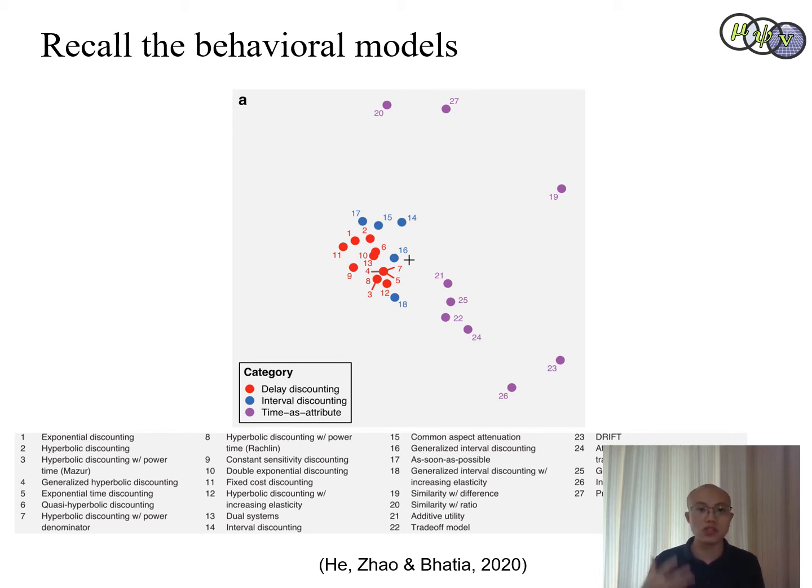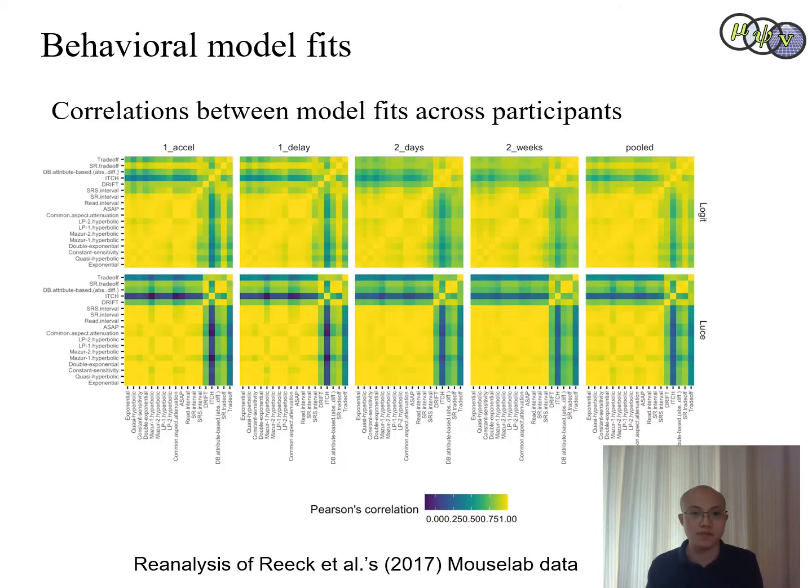So we can use such comparative model fits to extract the choice strategies that the subjects are applying in their choice. And we can also make a formal link between this and what we get from the model-based Payne index. And first off, let's take a look at what the model fits look like.